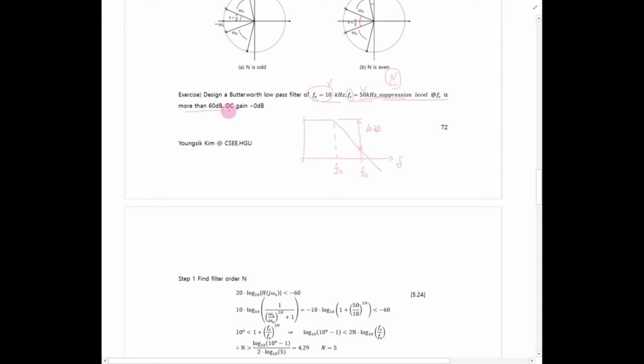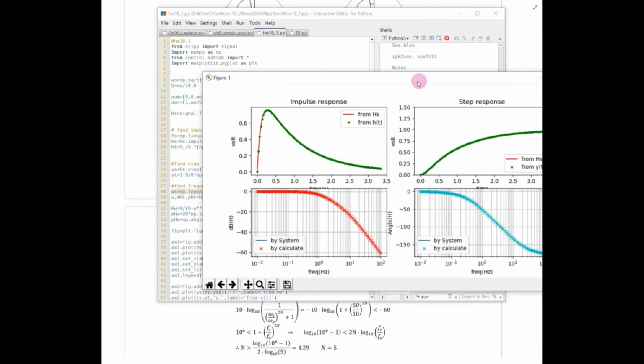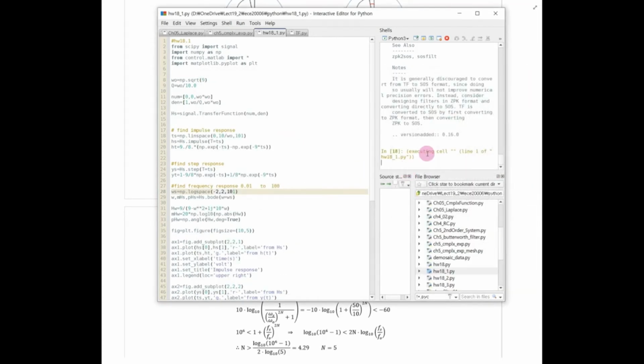At this moment, the DC gain is 0 dB. As we have done, most of the examples we talk about have 0 dB DC gain. It means when I plot this one, you know that this is 0 dB. This means DC gain is 1, and 1 means 0 dB.